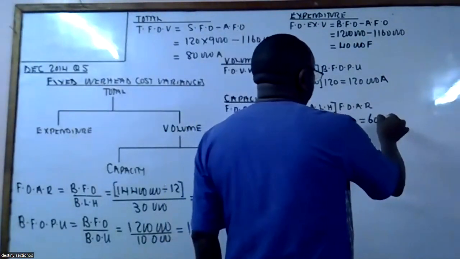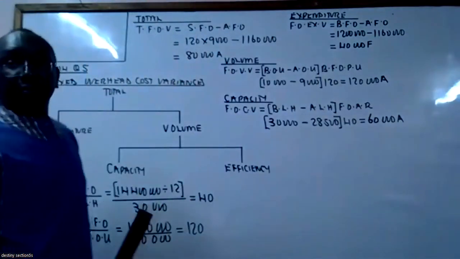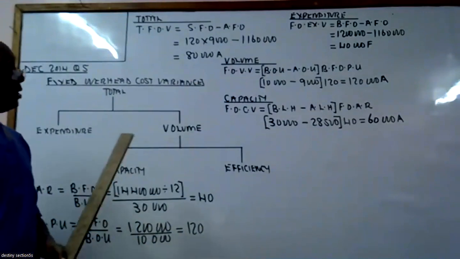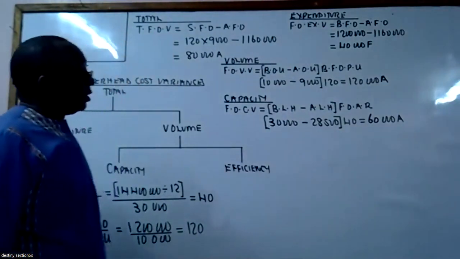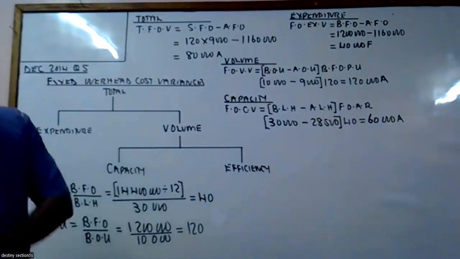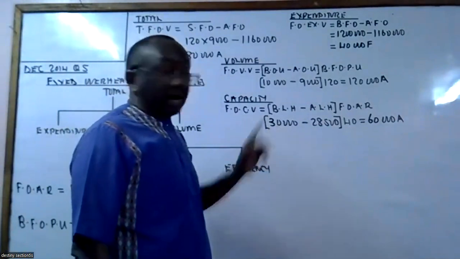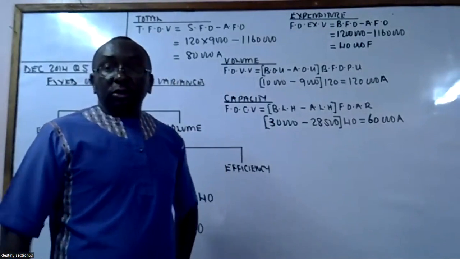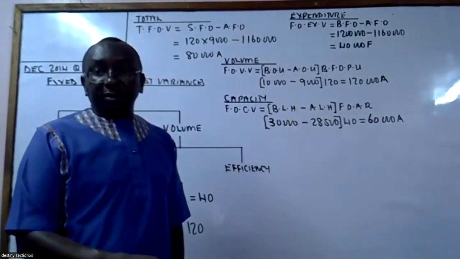Now this one is adverse. And why it's adverse is because we ended up working fewer hours than what we should have worked for. And remember, this is a fixed cost, not a variable cost. So why we are saying it is adverse is that you still end up paying the full cost.